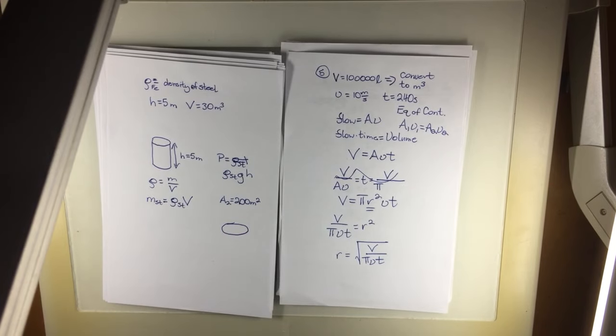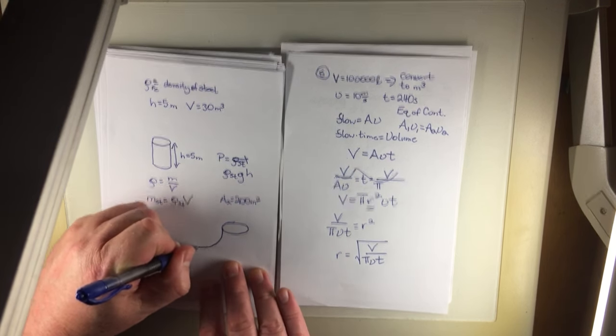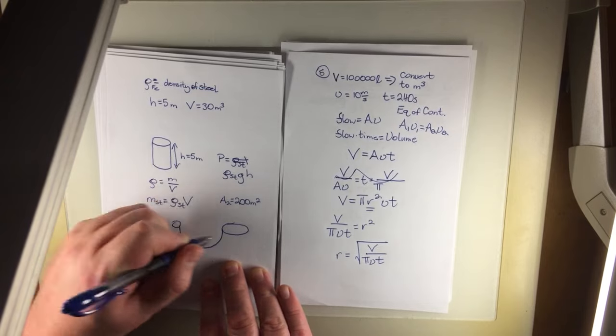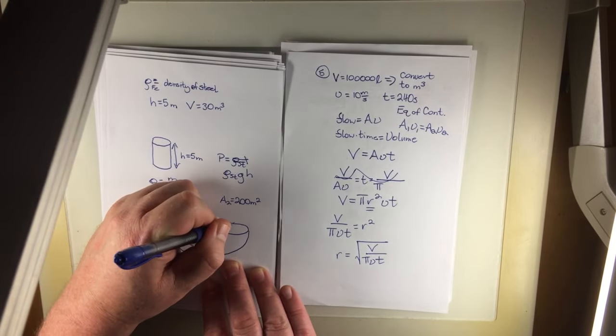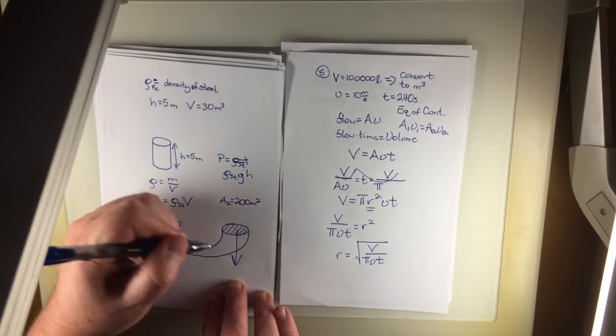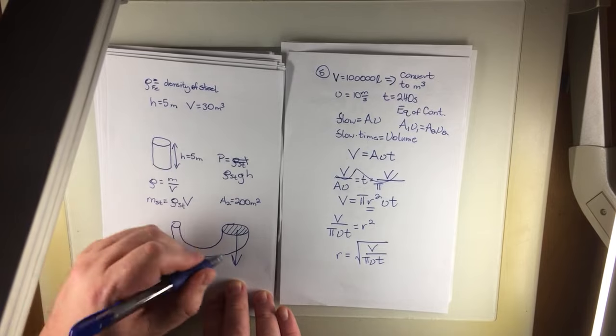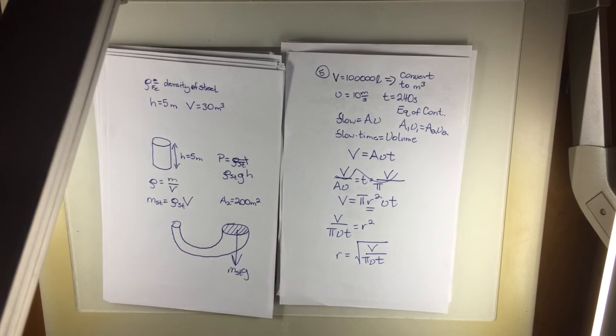You've got volume, you've got density, you've got the mass. It's sitting on a 200 square meter plate. So it is pushing down with the total force, mass of steel times gravity.